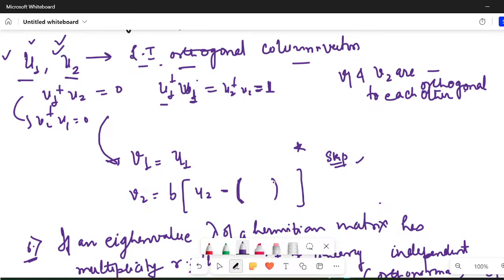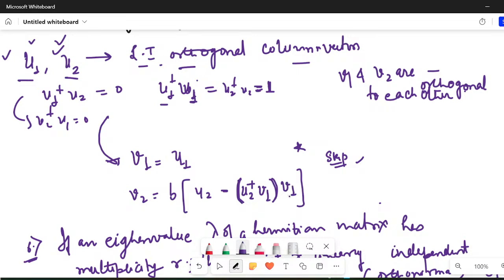Then v2 is equal to u2 minus, I think I should write it as u2 dagger, u2 dagger v1 times v1.